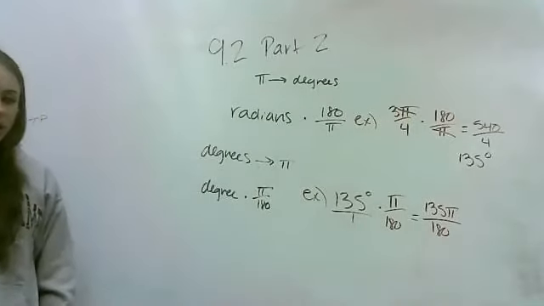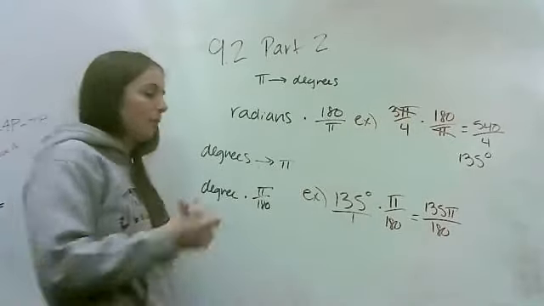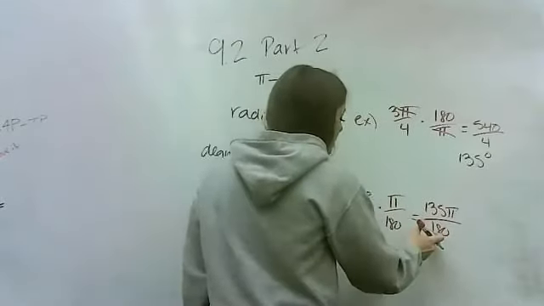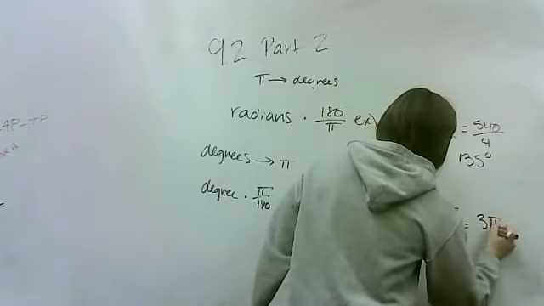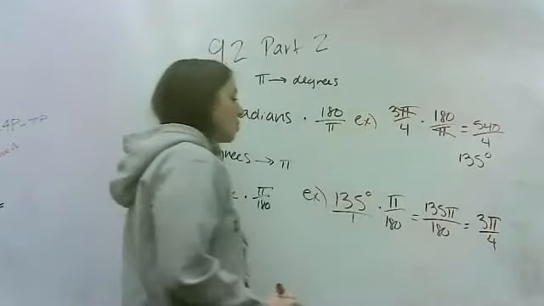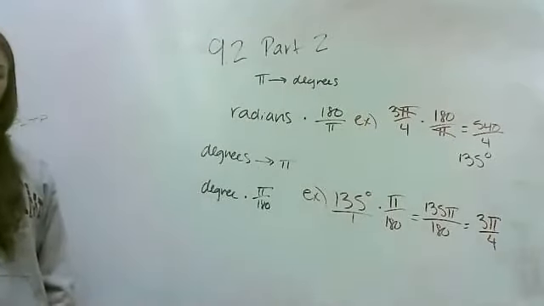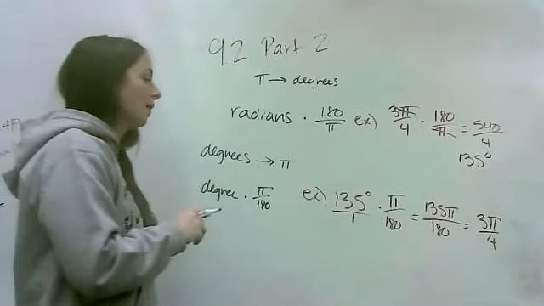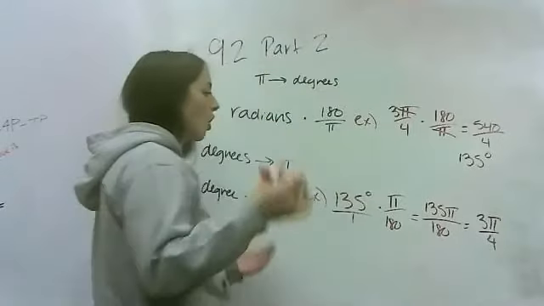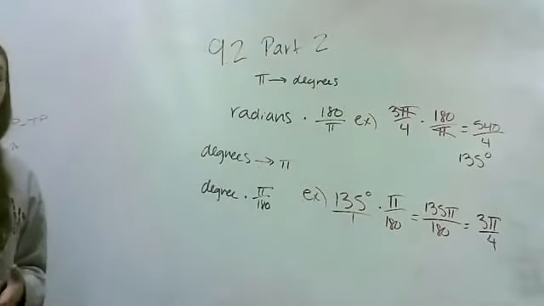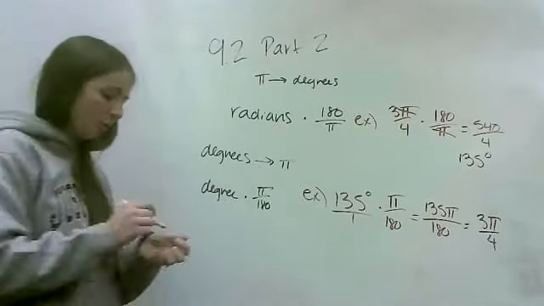Because we already used this example, we know what this should simplify down to. 135 divided by 180 will give you the fraction 3/4. That pi remains. So your ending answer, or your representation of 135 degrees in a radian measure, is 3 pi over 4. They are equivalent, they mean the exact same thing, they're just different representations.